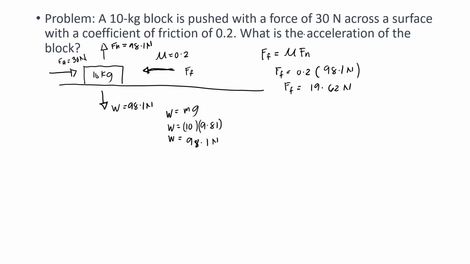Now what we need to find in the problem is the acceleration of the block, and the only formula for acceleration is F net equals ma. But among our forces here, we have FA, FN, the frictional force, and the weight, but we don't have F net, guys. So we cannot substitute yet. For us to use this formula, we will first get the net force.